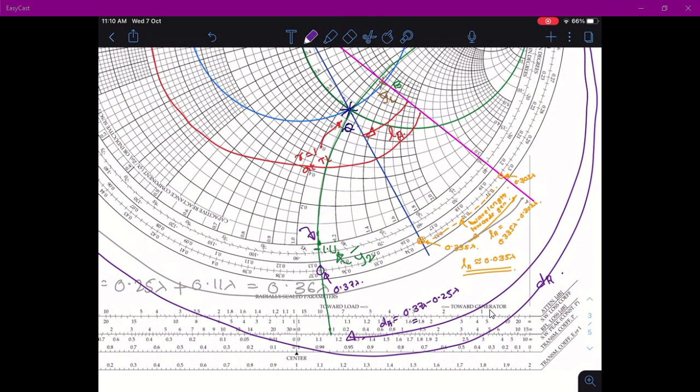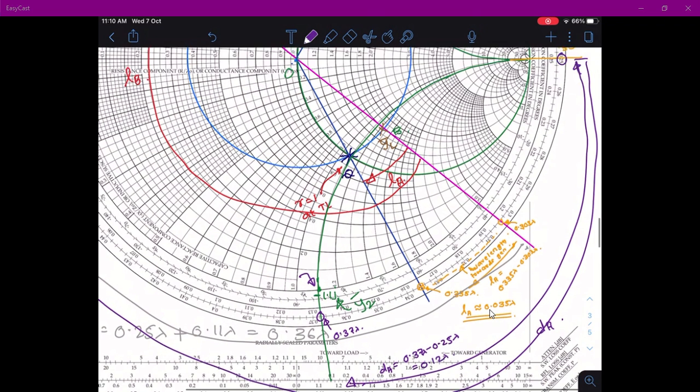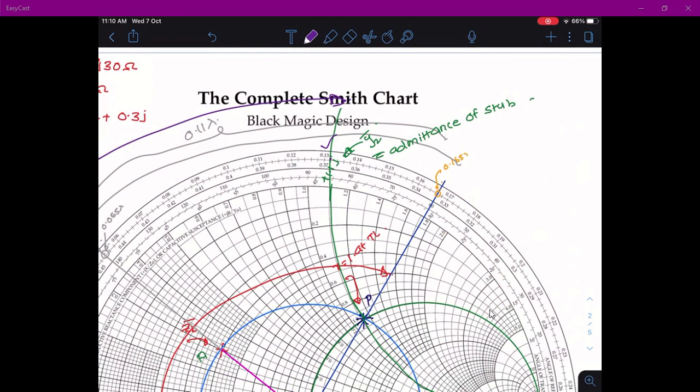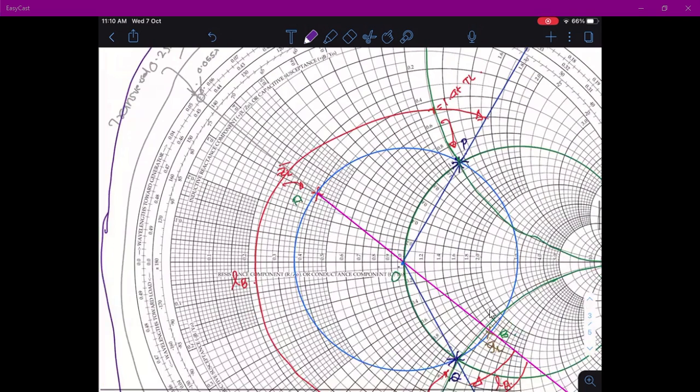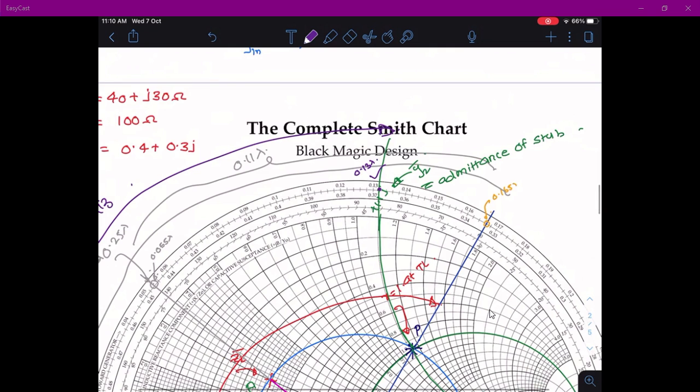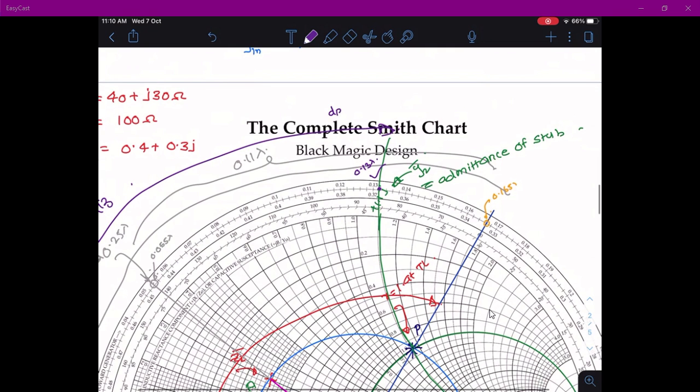This is equal to 0.12 lambda, and this point is at 0.13 lambda. If you traverse till here it is 0.25 lambda, and then you traverse again 0.13, so the total length dB is equal to 0.25 lambda plus 0.13 lambda, it is 0.38 lambda.